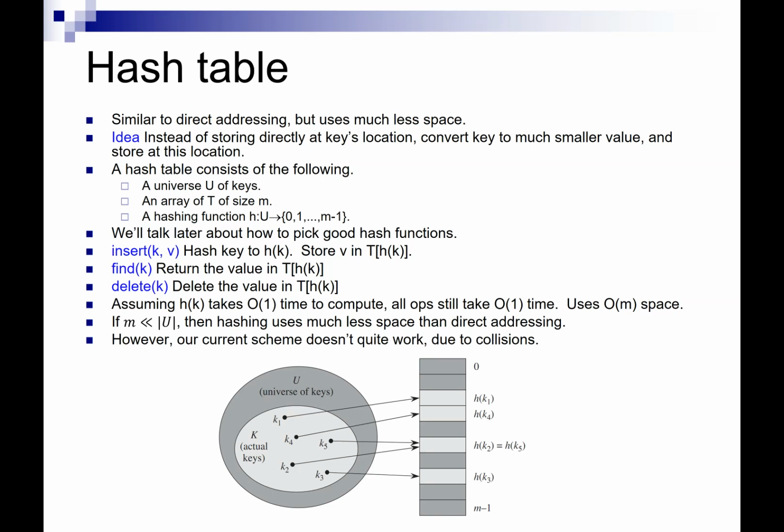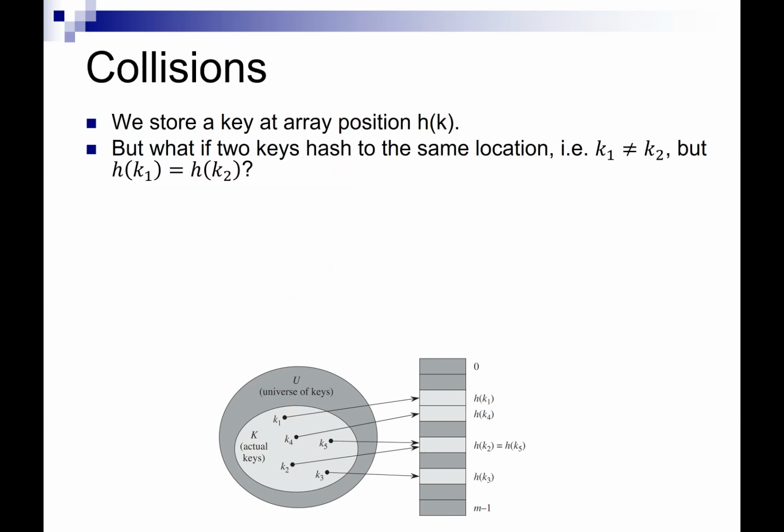Now, the only downfall to this technique is this thing called collisions. Let's say that you have two keys, and when you apply the hash function, they both produce the same value. So they go to the same index in the hash table.